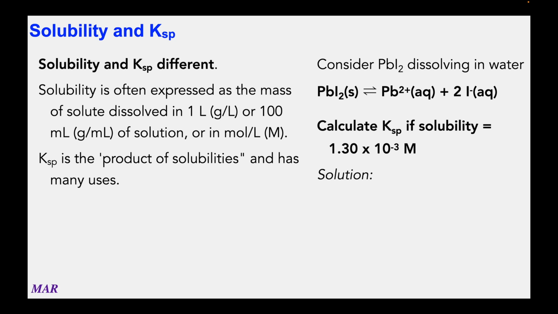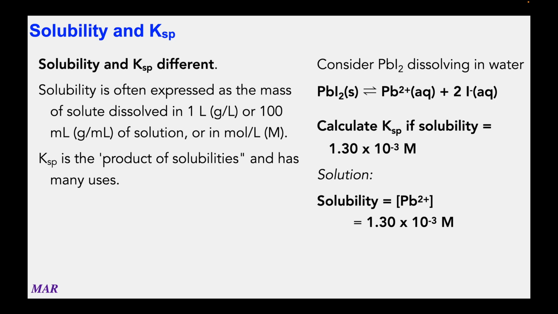Solubility, x, is how much PbI2 breaks down. For every x that breaks down, you're going to have another x of lead 2+, a 1-to-1 ratio, and you'll have 2x, or twice that amount, for the iodide. So the solubility is the moles per liter of lead(II) iodide that break up.